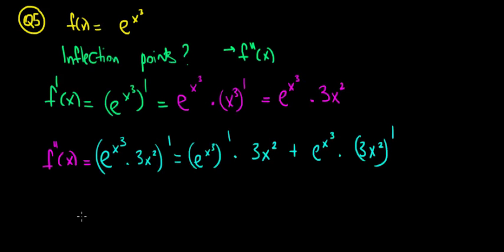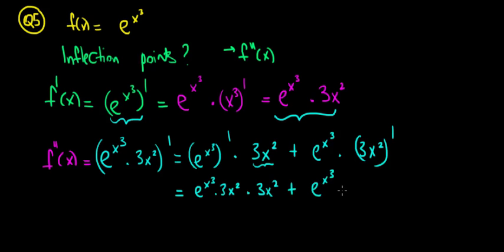We just found that's e to the power of x cubed times 3x squared, because it's the same result as we had over here, times another 3x squared plus e to the power of x cubed times 3 times x squared derivative, that's just 3 times 2x, so that's 6x.